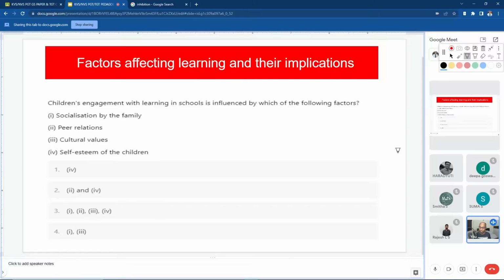Sir, all of the above, I think option 3. Right, option 3. Socialization by the family plays a crucial role, peer relations also, cultural values also, and self-esteem of the children.